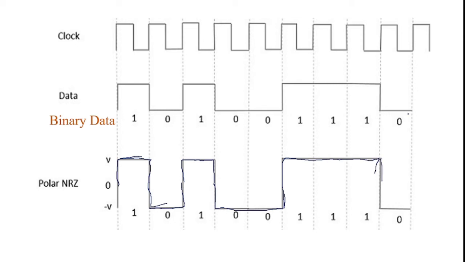And this is low in data, represented by a negative pulse. So polar signaling uses two voltage levels, plus A by 2 and minus A by 2.